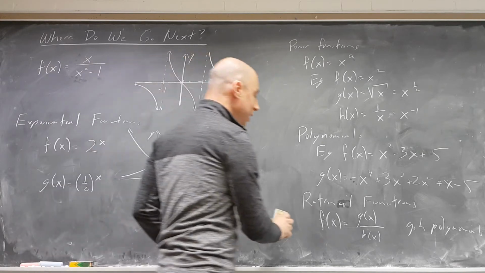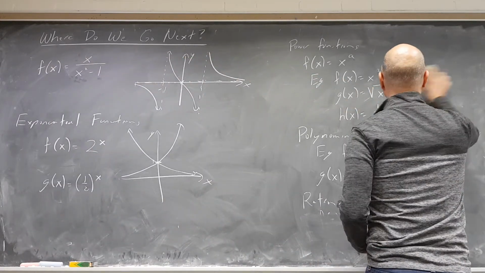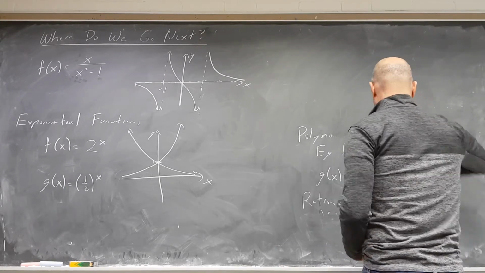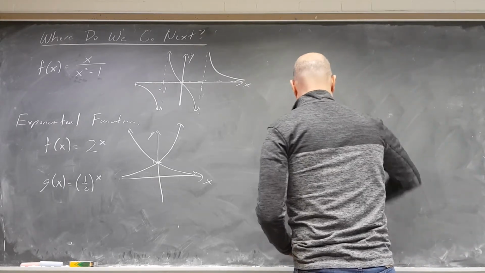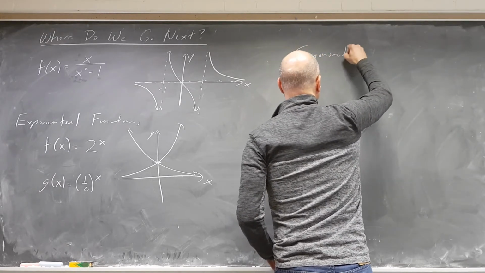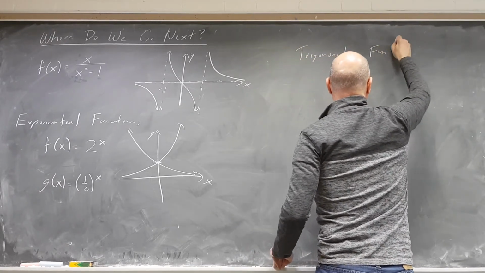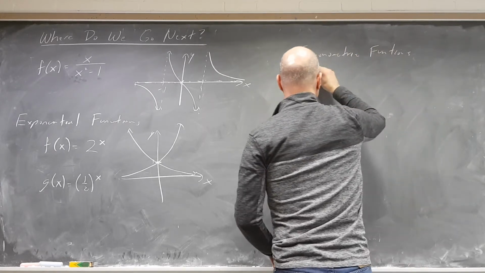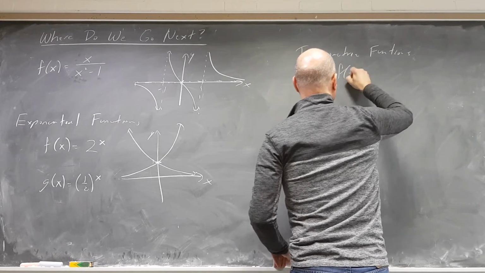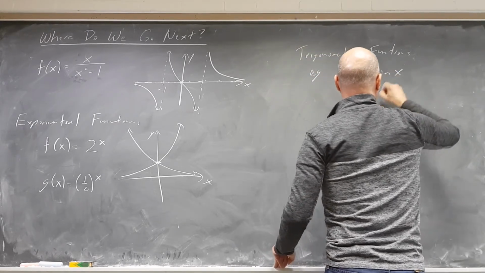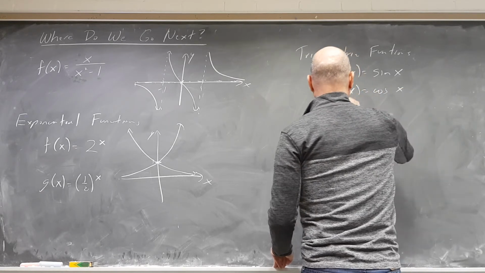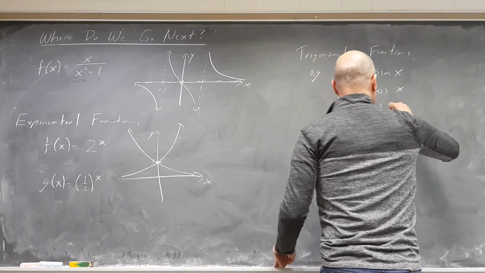We also know a lot about trigonometric functions. So, for instance, f of x equals sine x, or g of x equals cos x, or h of x equals tan x.